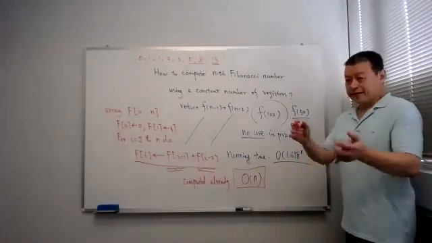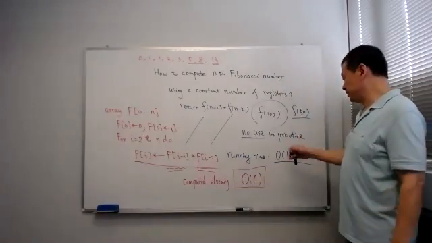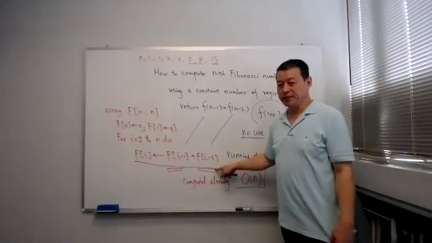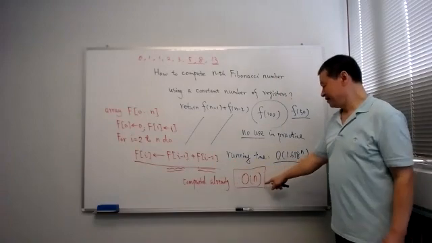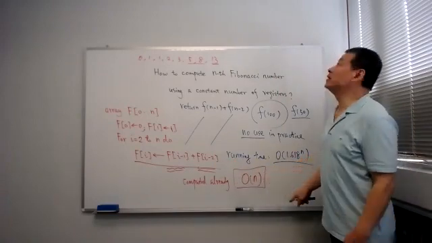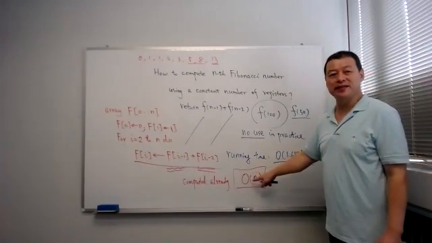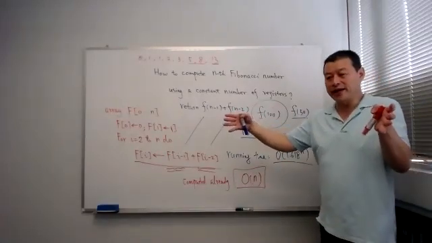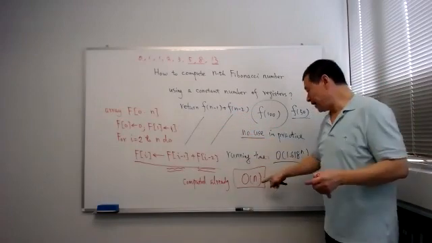So theoretically, you are able to compute F100 using this one. But in practice, I doubt it. In practice, 130, I don't think you can get it. You'll get overflow, I think, because the number is too large. Your computer cannot handle it because the answer is too large.